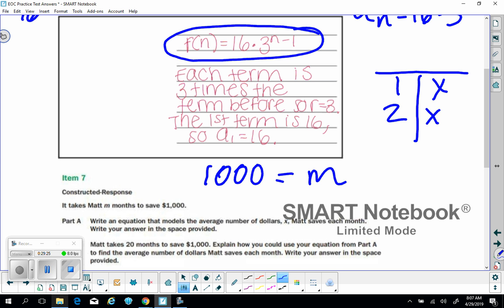He would have had X dollars, plus each month he saves another X, right? What's X plus X? What's 1X plus 1X? 2X. So for 2, it's the same thing as 2X, right? So see how the number of months is right in front of X? They're multiplying each time. So I know it's going to be 1,000 equals MX.